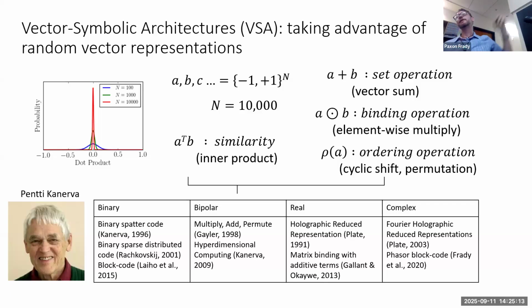Here it's just element-wise multiply. I have a vector of +1s and -1s, I element-wise multiply them, and get another vector of +1s and -1s. The Hadamard product of vectors is a binding operation here. So you take two vectors, bind them, you get a different vector.